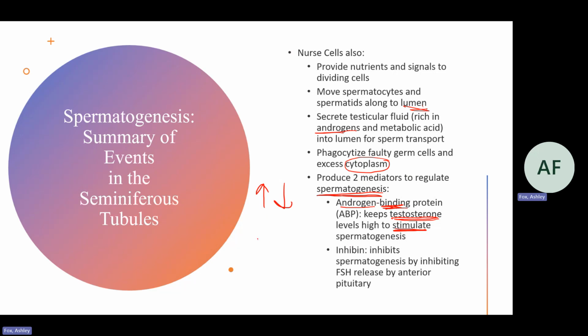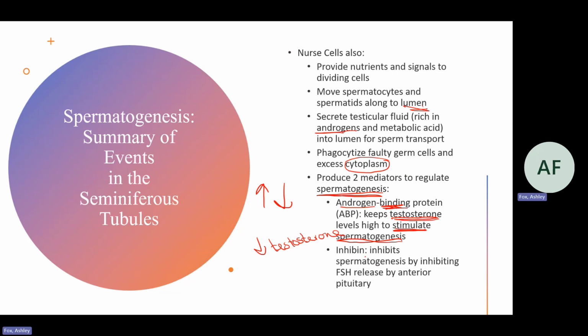If you get low testosterone levels, then it's actually going to inhibit sperm production, so spermatogenesis. So androgen binding protein helps stimulate spermatogenesis by keeping the testosterone levels appropriate.